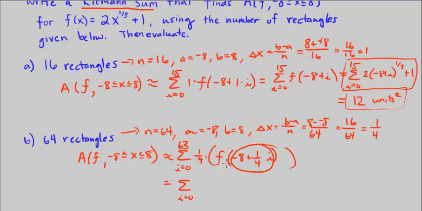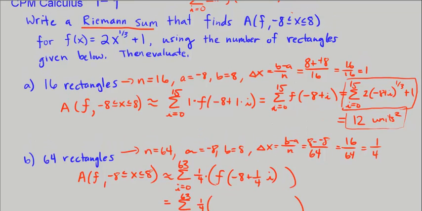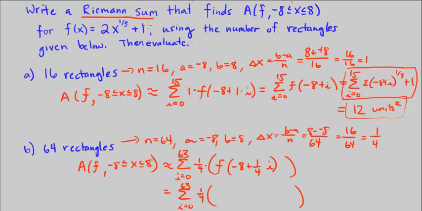The function's input is this now, so it's i equals 0 to 63, 1/4 on the outside, times the function at this value. Here's our function of x. Instead of x, we have negative 8 plus 1/4 i.